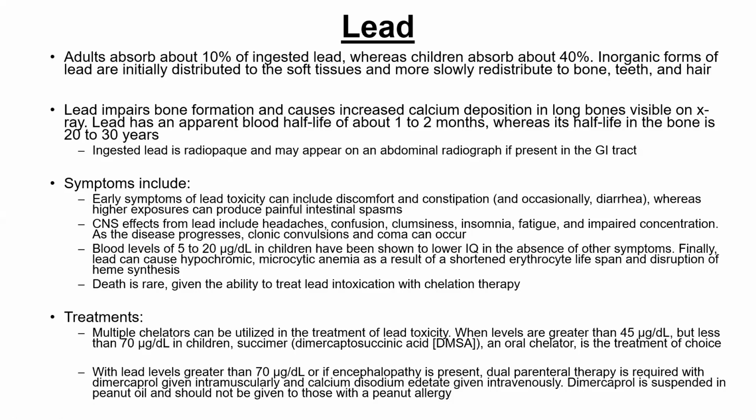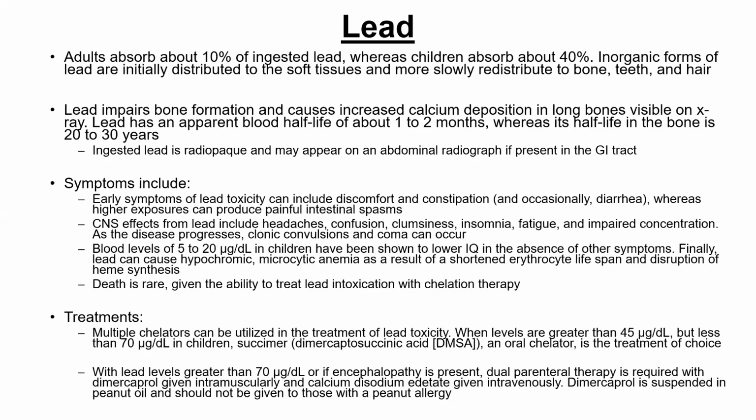If the lead levels are greater than 70 micrograms per deciliter, or if you observe encephalopathy, dual parenteral therapy is required: dimercaprol, which is given IM, and calcium disodium acetate, which is given intravenously.